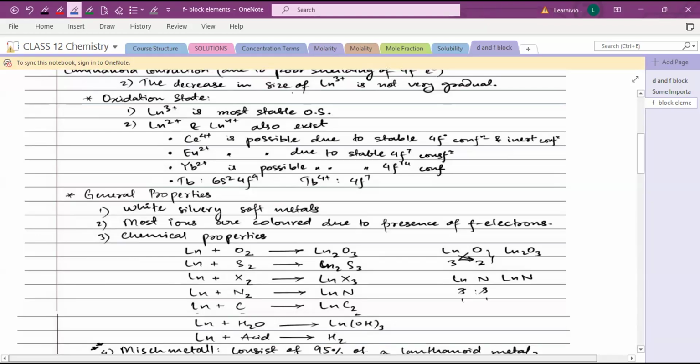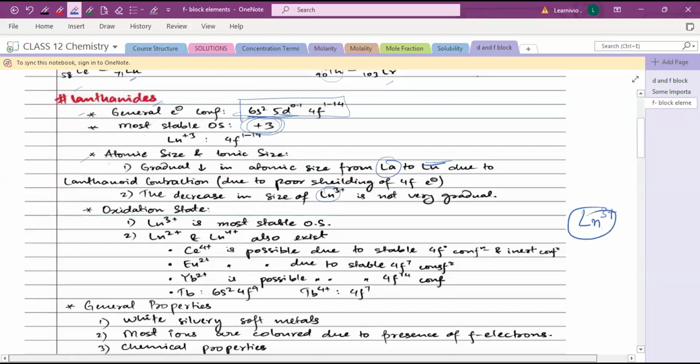Okay, so the decrease in size of Ln3+. Ln is basically the general symbol for the lanthanoids. So Ln3+. Now if the lanthanoid has an oxidation state of plus 3, the decrease in size of Ln3+ is not very gradual.